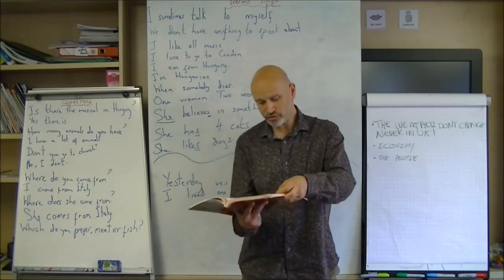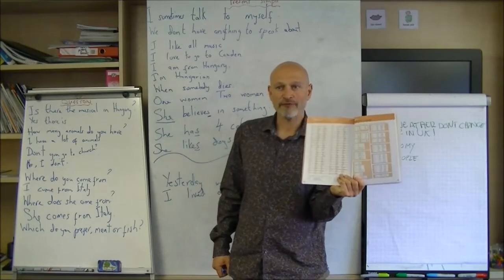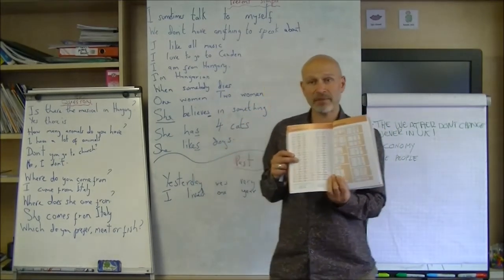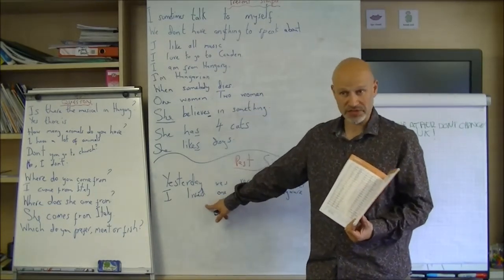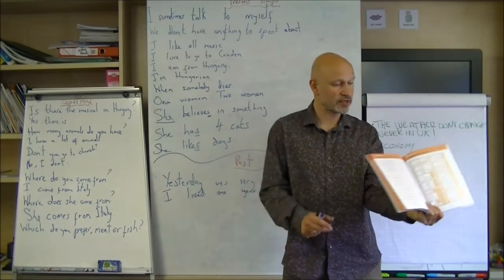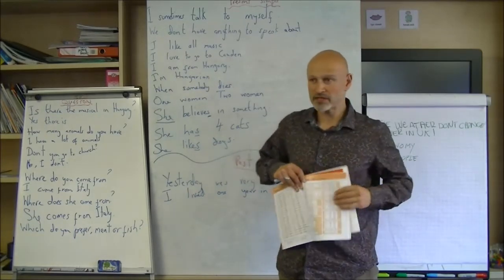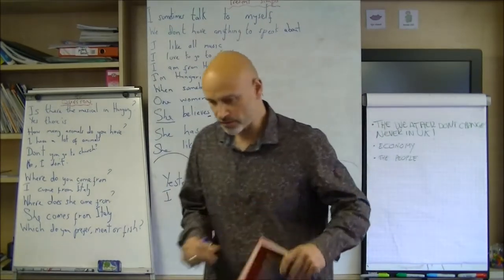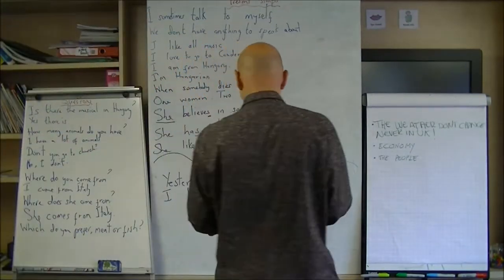On pages 244 and 245 is a list of all the irregular verbs that you need to learn, present and past. Because the regular verbs are easy. You just add ed or d or ied. These are the ones you need to learn. In this book, they have grouped them very nicely. So please read and learn. Read them every day and learn them. Thank you, John. 244, 245.